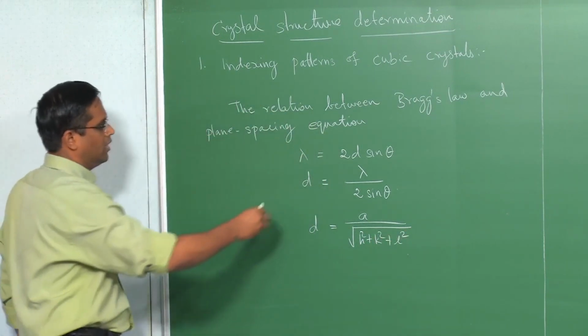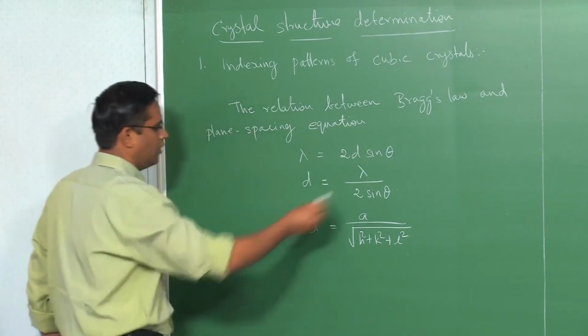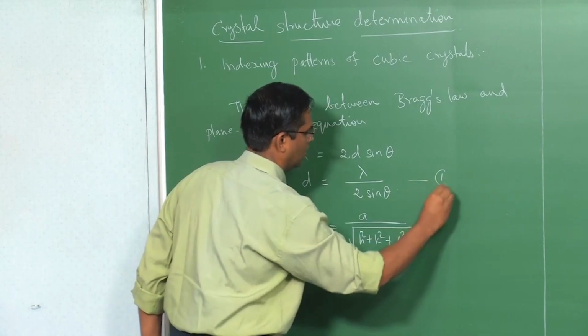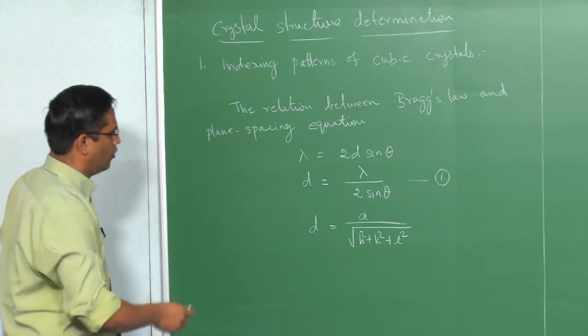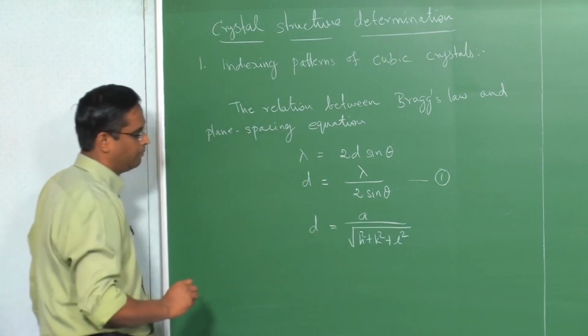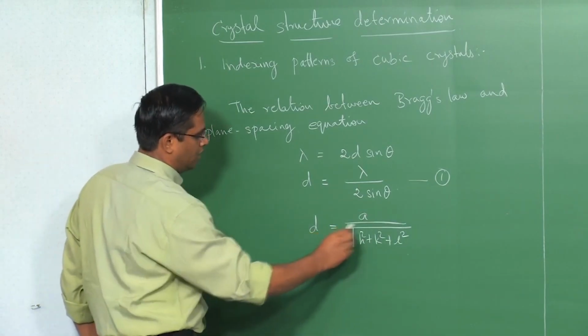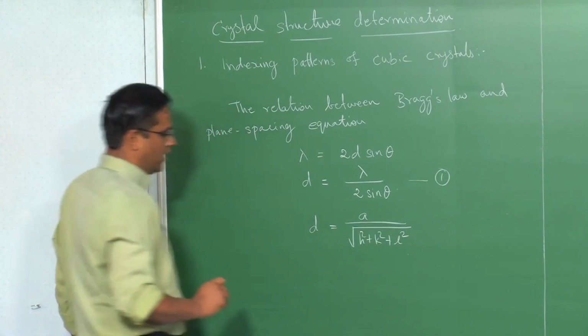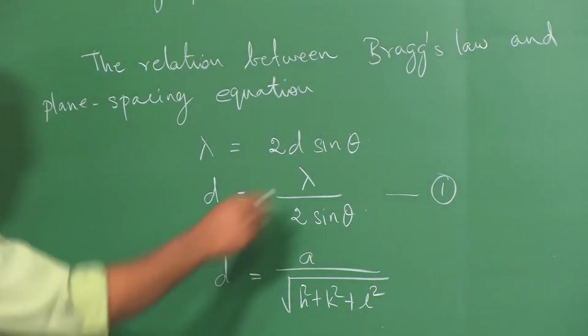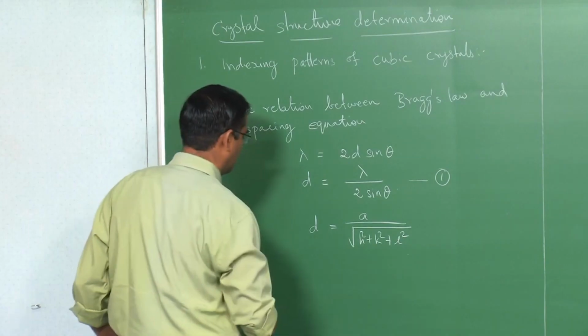So this is the Bragg law. You can rearrange this equation like this, and if you look at the plane spacing equation for the cubic system, it is d is equal to a divided by square root of h square plus k square plus l square, and combining these two we can write something like this.